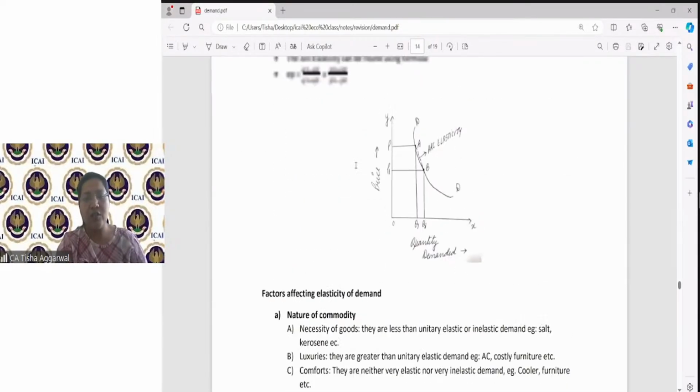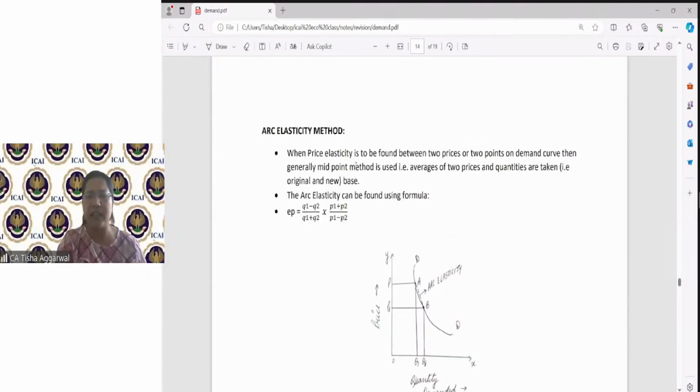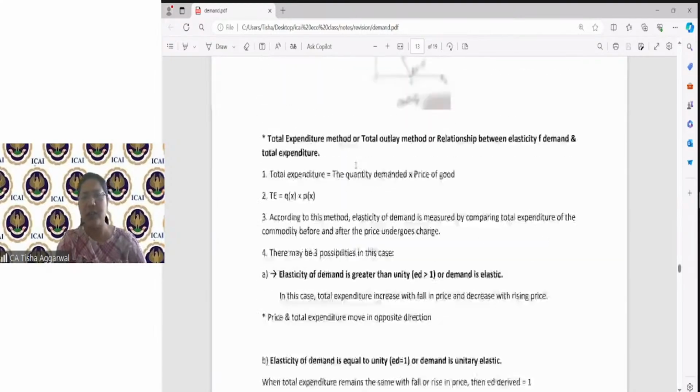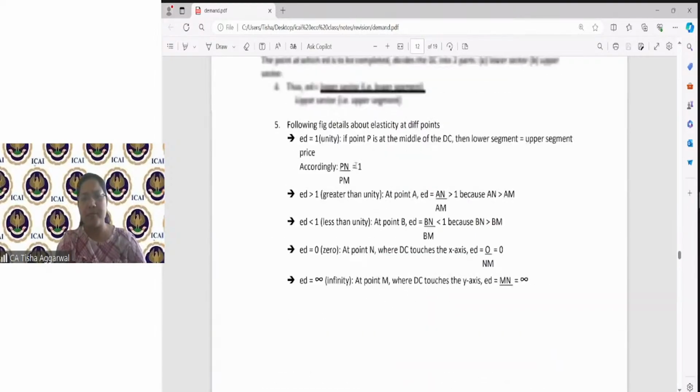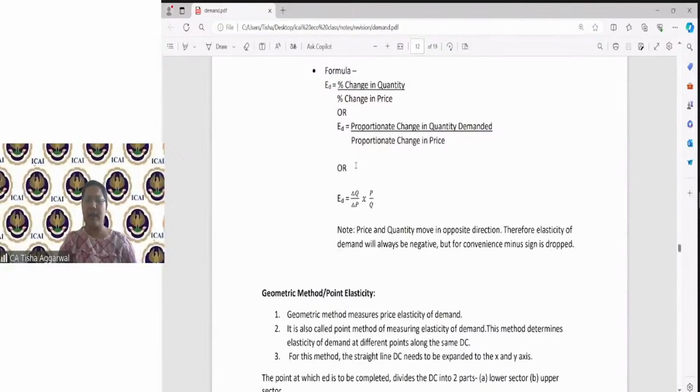So I would request you all to take a paper and write the formula for arc elasticity, and write the formula of the percentage method at one place.